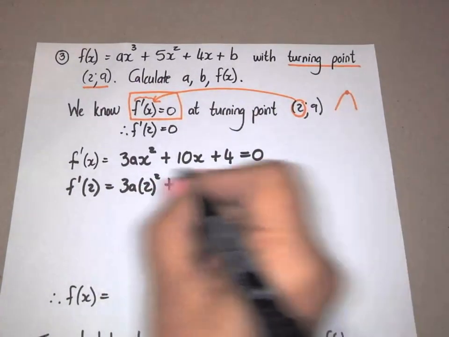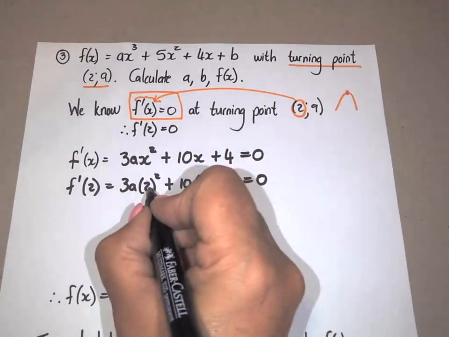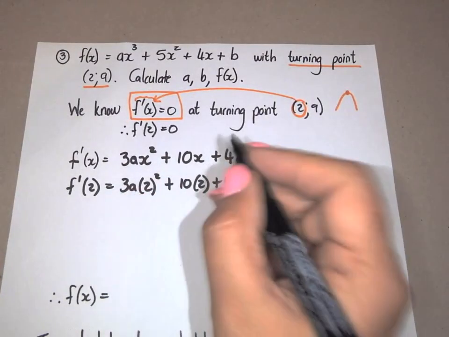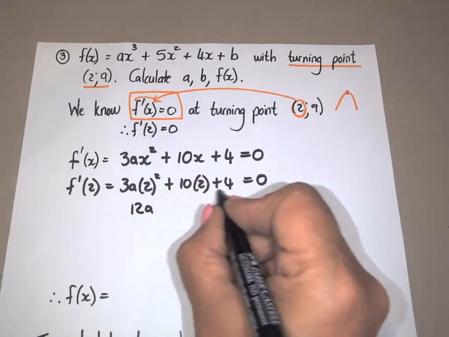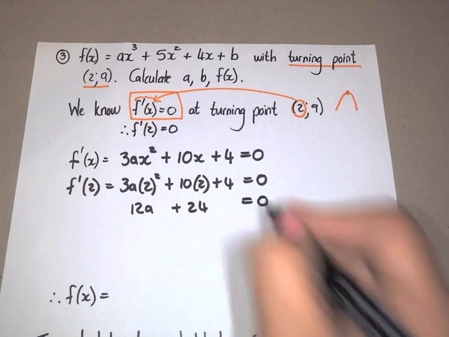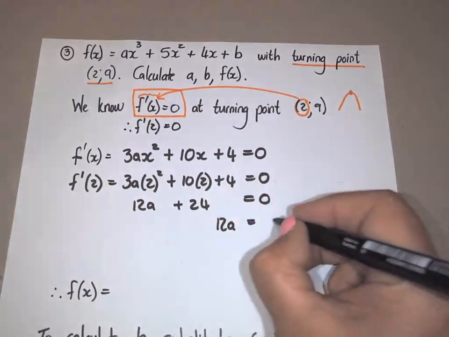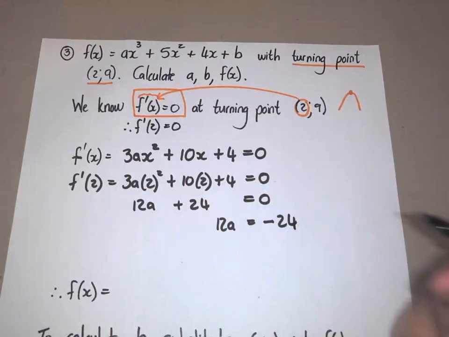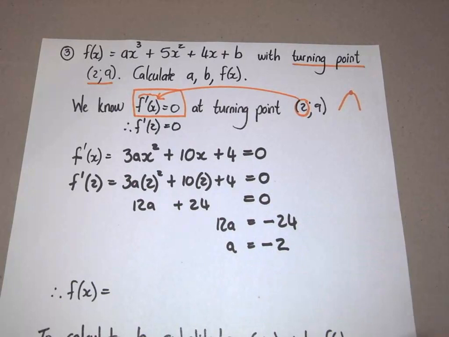And now we can work out what the value of a is. Here we have 4 times 3 is 12a plus 20 plus 4, so it's plus 24, equals 0. So 12a will be equal to negative 24 and a will be equal to negative 2.